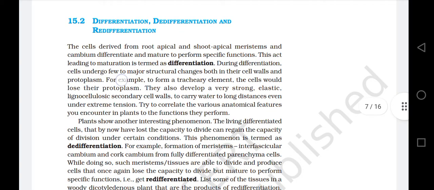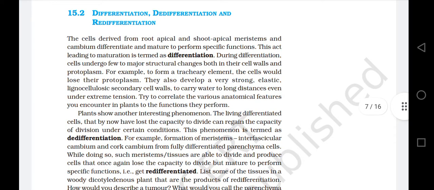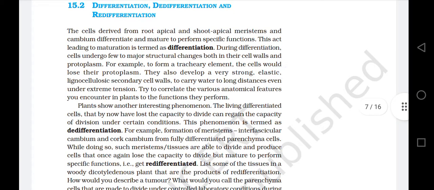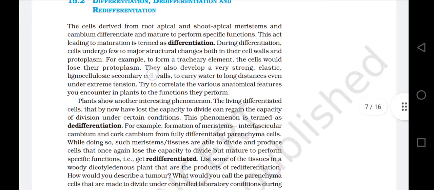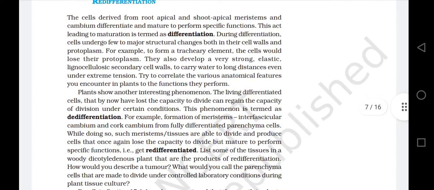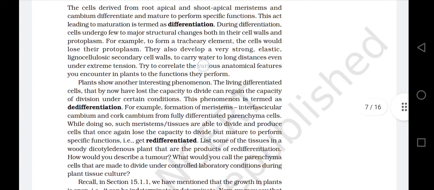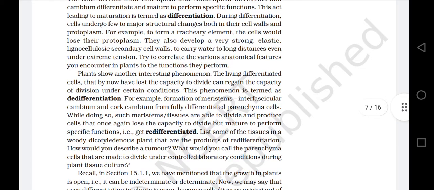For example, to form a tracheary element, the cells would lose their protoplasm. They also develop a very strong elastic lignocellulosic secondary cell wall to carry water to long distances even under extreme tension. Try to correlate the various anatomical features you encounter in plants to the function they perform.